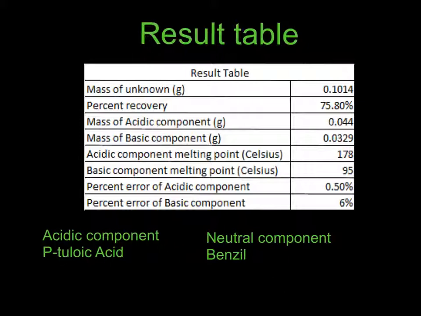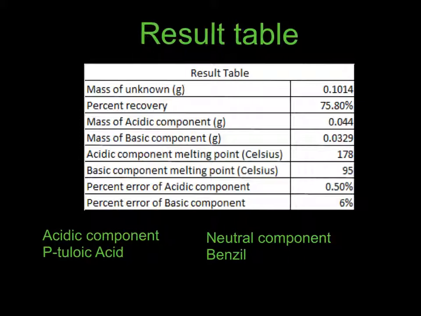I also found my neutral component melting point was 95 degrees Celsius. So I decided that my acidic component was petroleic acid and my neutral component was benzil. But I got my acidic component right, and I got my neutral component wrong.